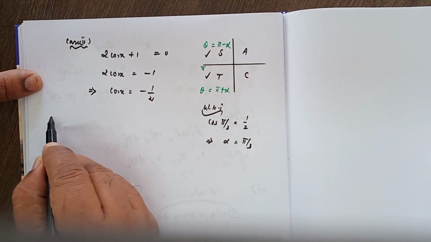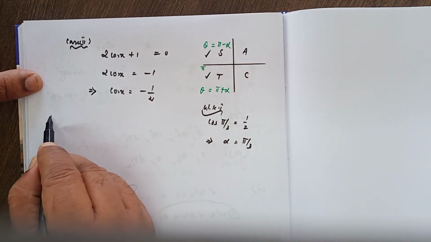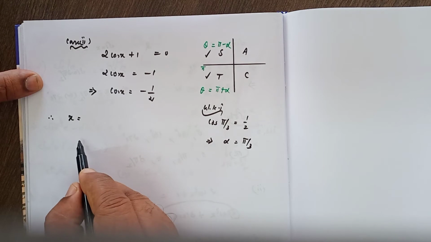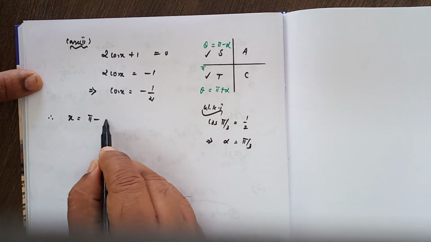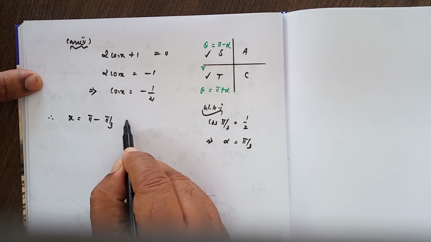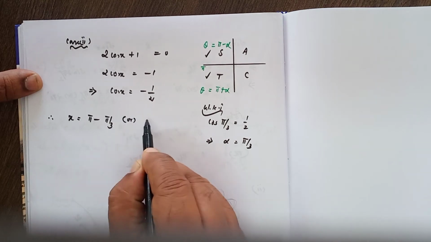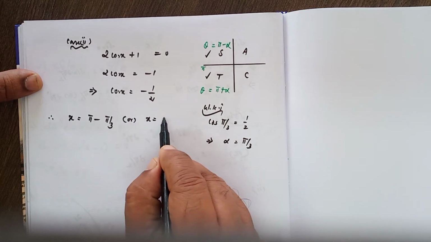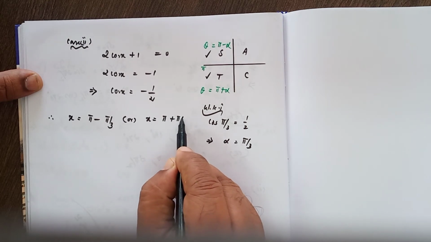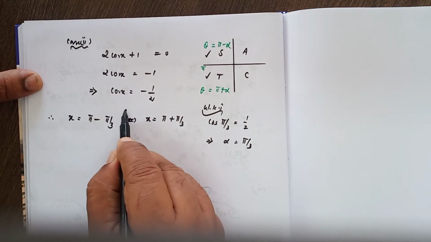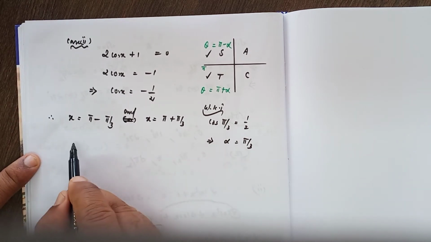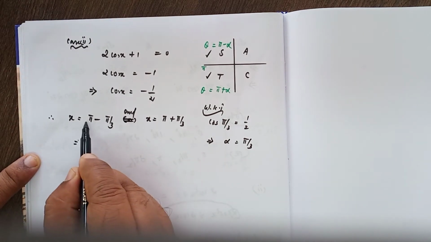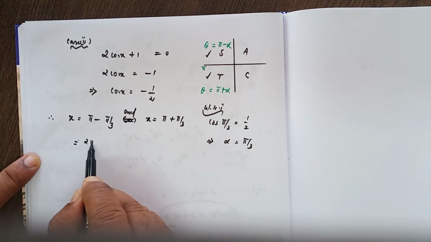Which implies x is equal to pi minus pi by 3, or x is equal to pi plus pi by 3. Instead of or you have to put a double solution. Pi minus pi by 3 is 3 pi minus pi, that is equal to 2 pi by 3.